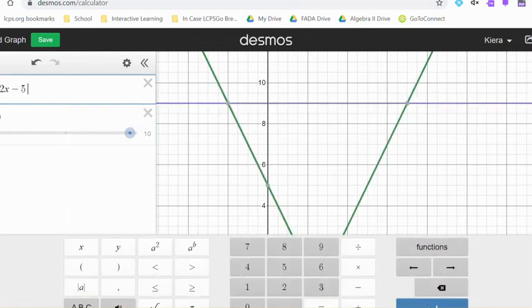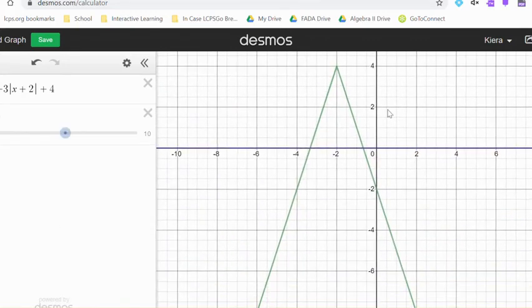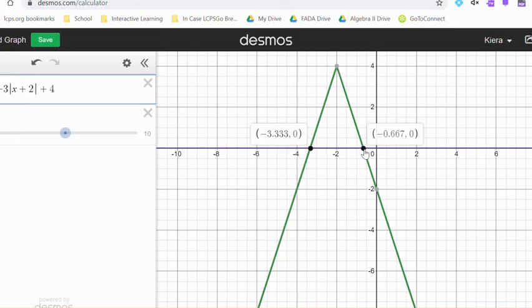So the left-hand side of our equation was -3 absolute value of x plus 2, plus 4, and our right-hand side was 0. So I'm going to adjust my graph so I can see where the v and the line intersect. -3.3 repeating would be -10/3, and -0.6 repeating would be -2/3.